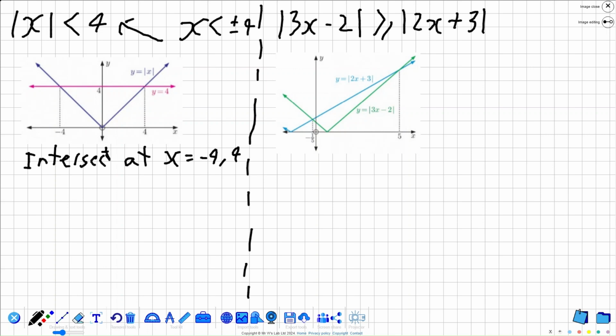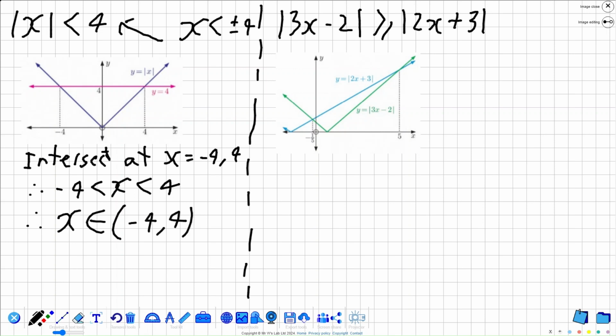So the range for x belongs between these points, and we can say -4 < x < 4. Therefore x belongs to (-4, 4), like that.